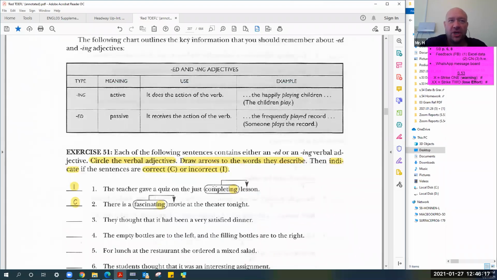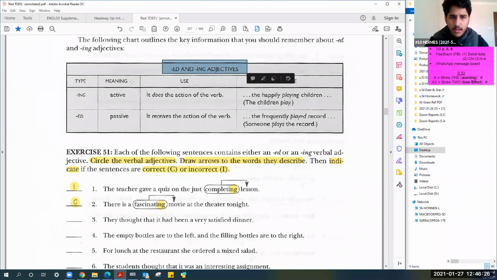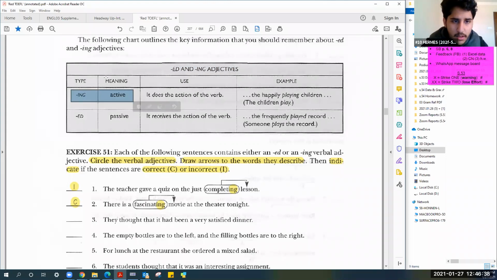All right. So next page, gentlemen. Hermes, read here. What do you see? ED and ING adjectives. Types. What's the first type? The first kind? ING. And the meaning is active.